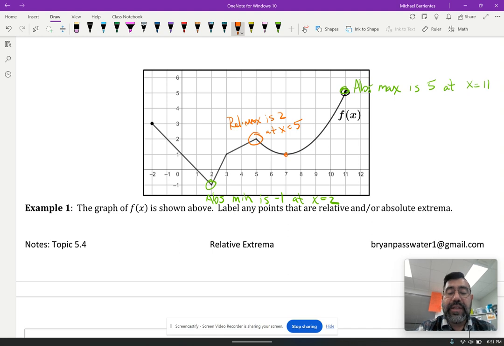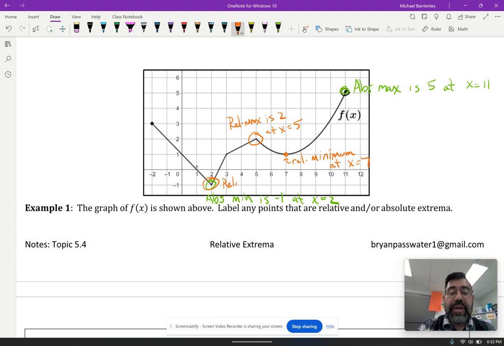I notice that there's a relative min here. So there's a relative minimum at x equals 7. Anything else? Is there any other point where the graph stops going in one direction and starts to go in another direction? Oh, right here.